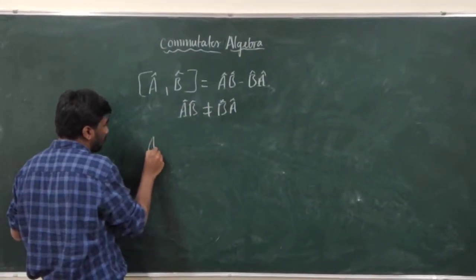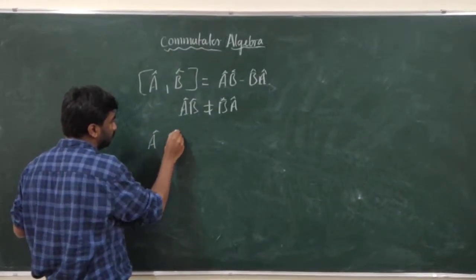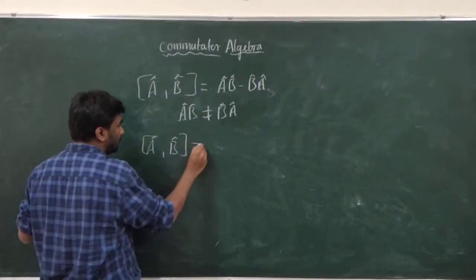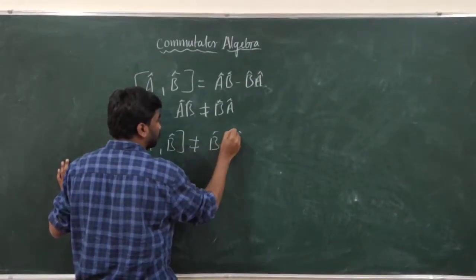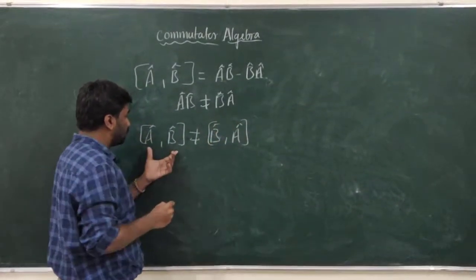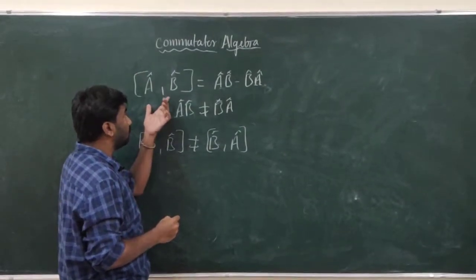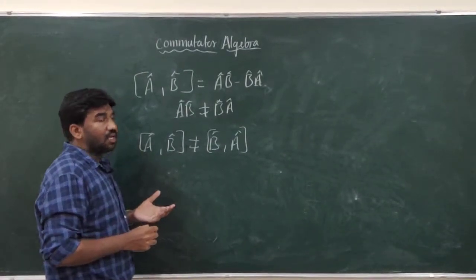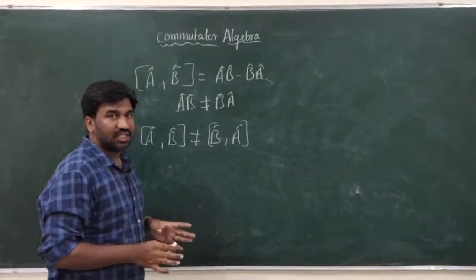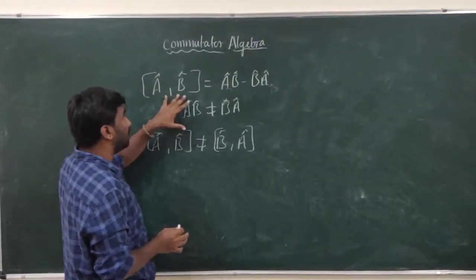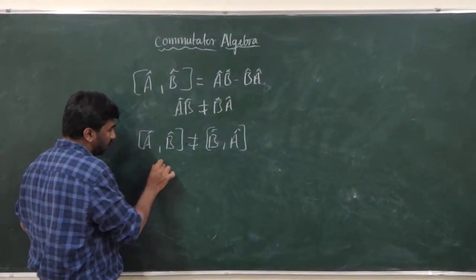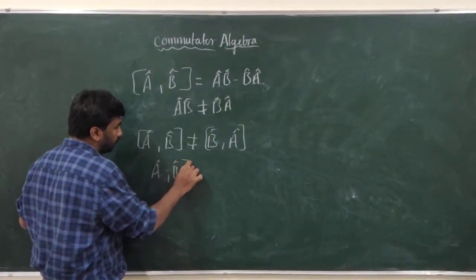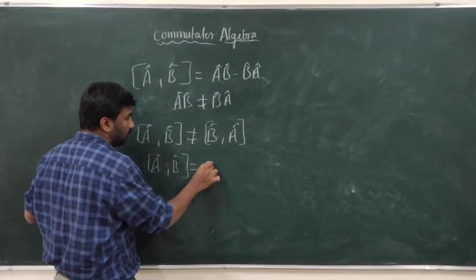And also [A, B] is not equal to [B, A]. So these are commutator brackets. Okay, suppose operators A and B commute with each other, then we can write [A, B] is equal to 0.